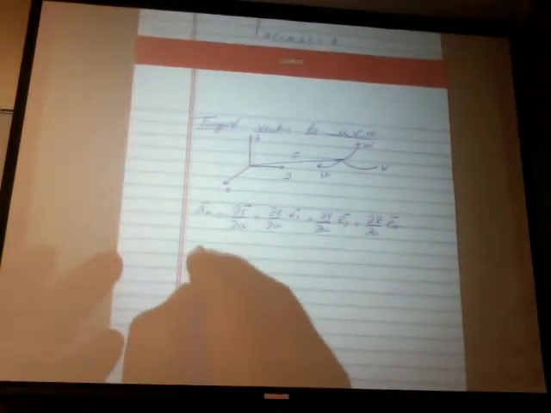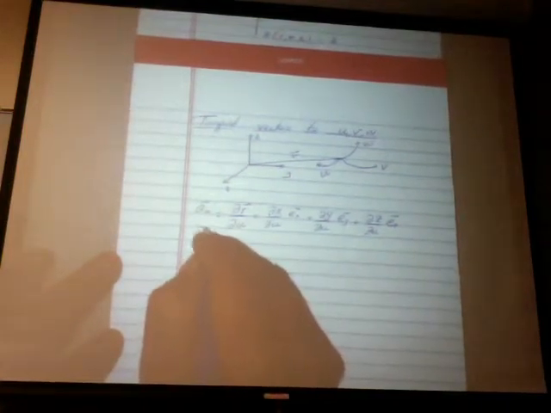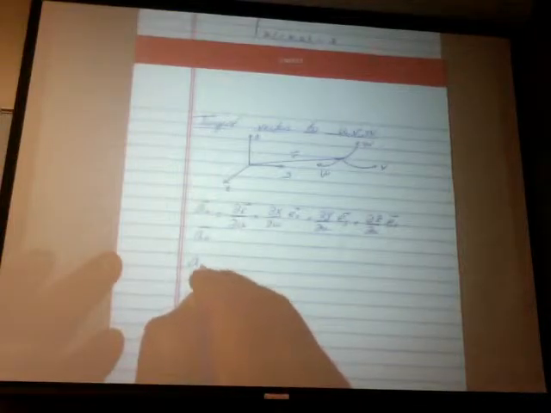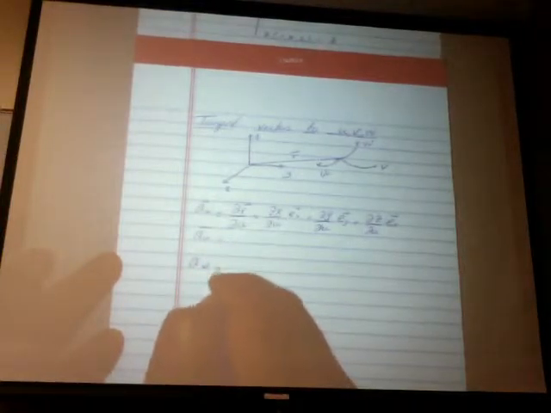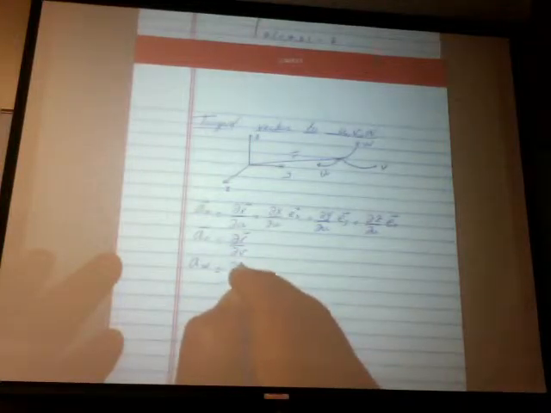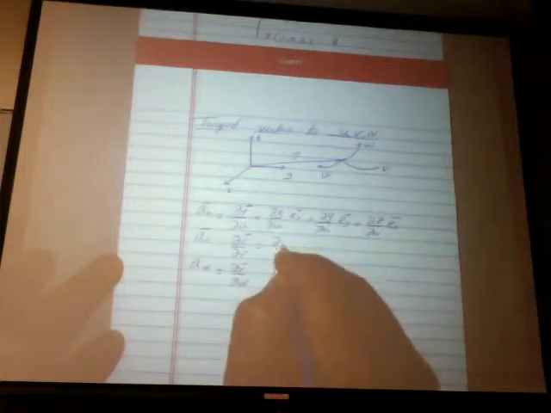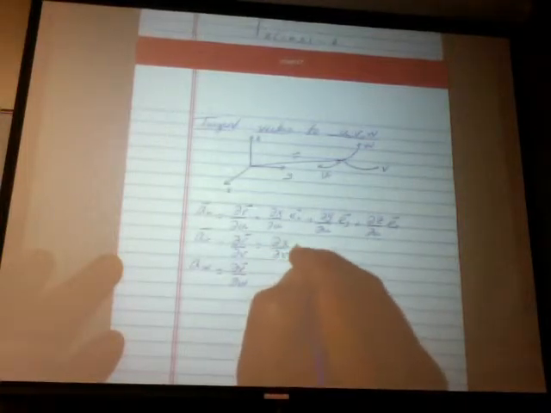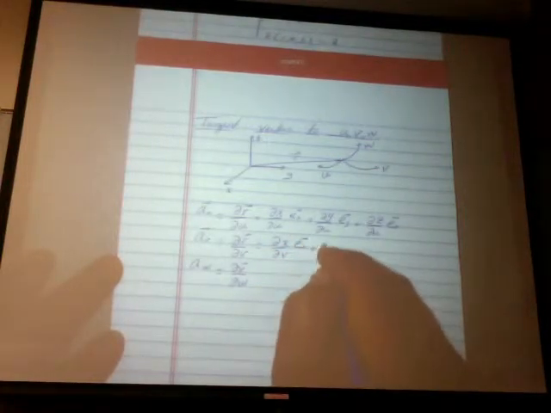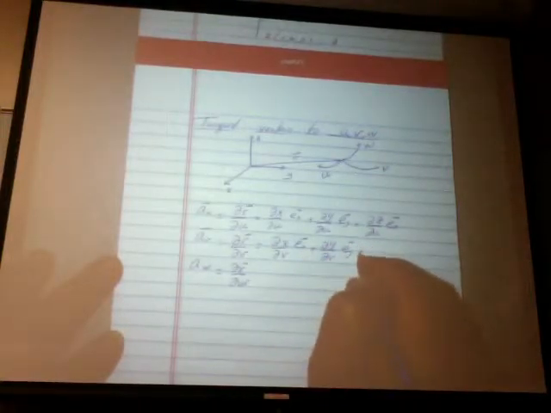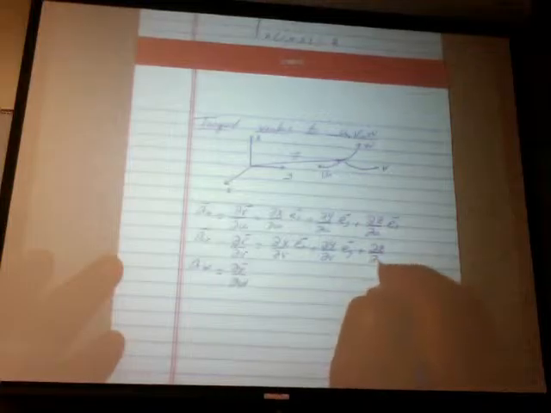And likewise, we can express the tangent vector in the v direction and the tangent vector in the w direction as dr dv, and this one is dr dw. This will be dx dv in the x direction plus dy dv in the y direction plus dz dv in the z direction.